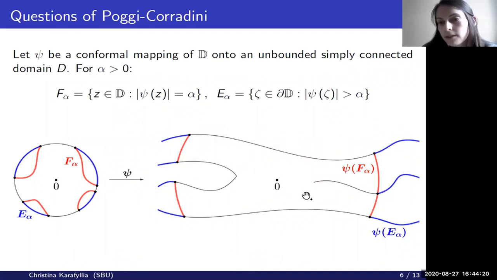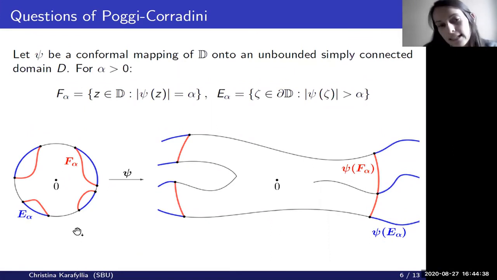Also, we consider the part of the boundary of D which lies outside the disk with center at 0 and radius equal to alpha, which I noted by blue color here. And we take the pre-image of this set. The pre-image is the set E alpha.